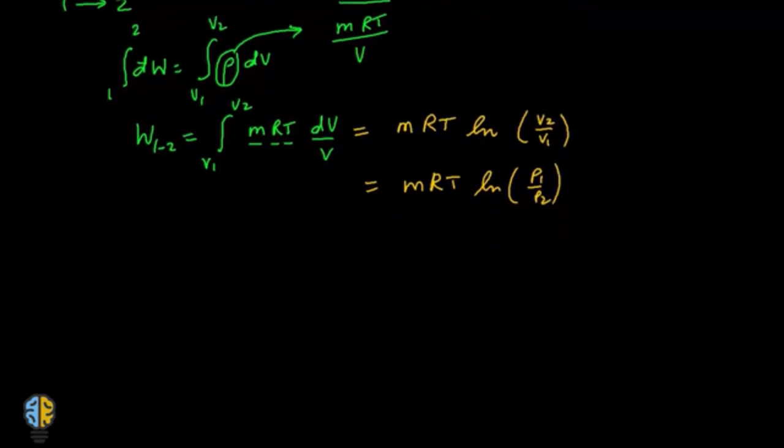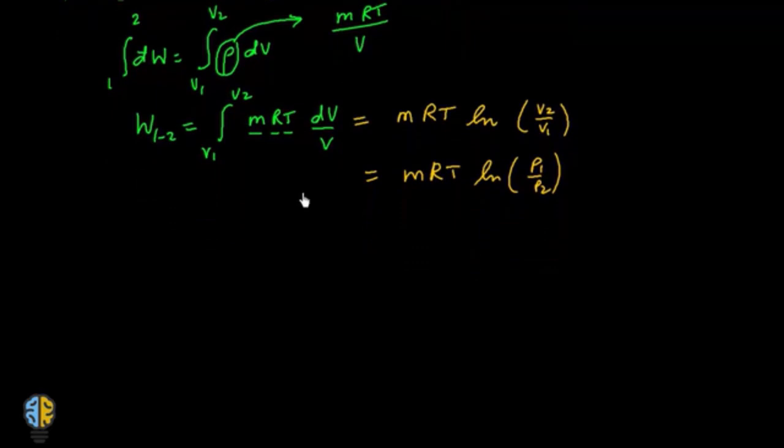Now, after getting a relationship for the work done in going from state 1 to state 2, let us find out the heat transfer involved in the process. Heat transfer in going from 1 to 2 is written as Q12. This is equal to the change in internal energy, U2 minus U1, plus the work done in going from 1 to 2.